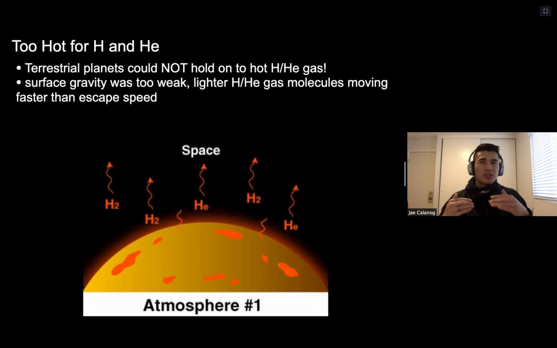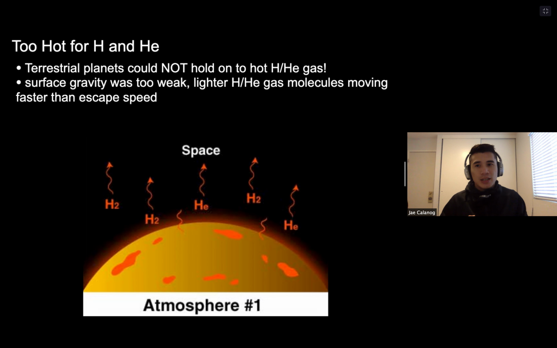However, because these terrestrial planets were so close to the sun, where the temperatures were much hotter, that would cause the hydrogen and helium gas to move faster. If they move fast enough, they could exceed the escape speed, which is the speed required to overcome the pull of gravity from the planet.